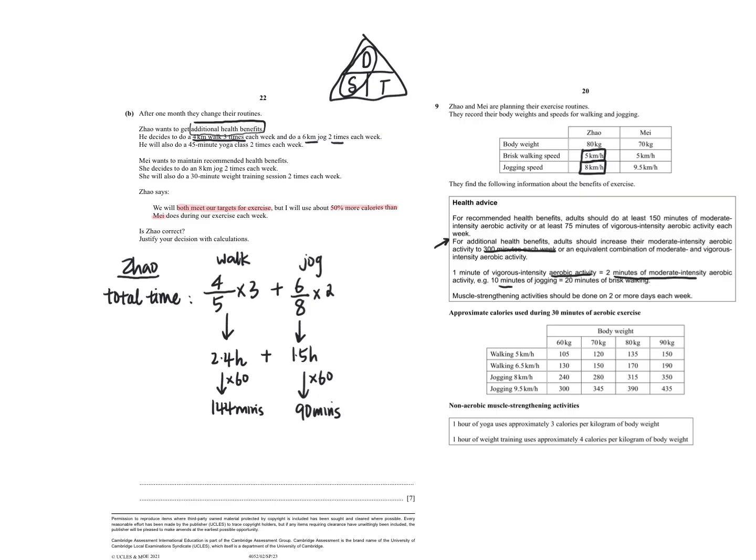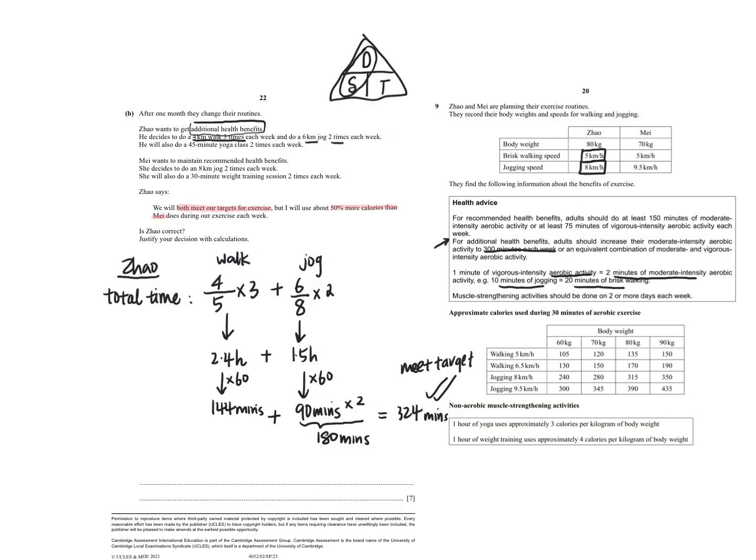So if I jog for 10 minutes, it is the equivalent of 20 minutes of walking. So this one I can times 2, so in terms of the intensity, this is about 180 minutes. I add them up, it gives me 324. So I meet my criteria of at least 300 minutes. So Zhao meets the target.